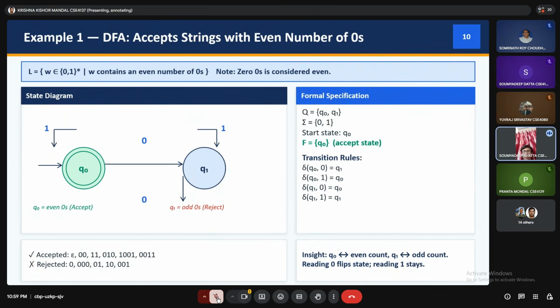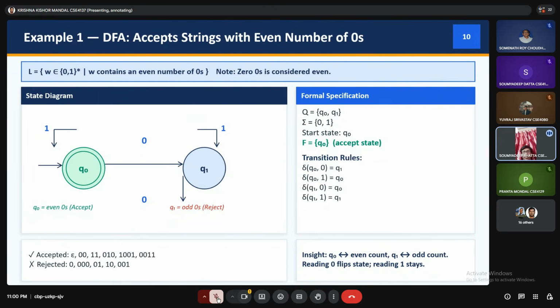I'm going to explain a DFA which accepts strings with an even number of zeros. First, let's understand the language. The language consists of all binary strings, that means strings made of 0 and 1, where the number of zeros is even. Here, even includes 0 as well. Now let's look at the states.